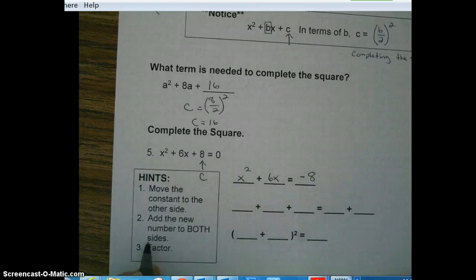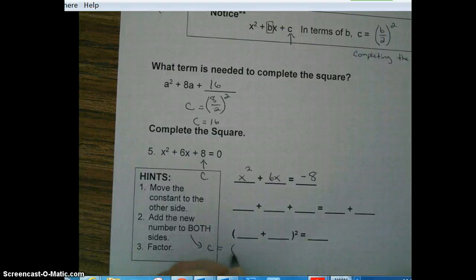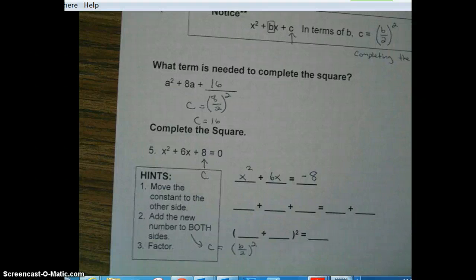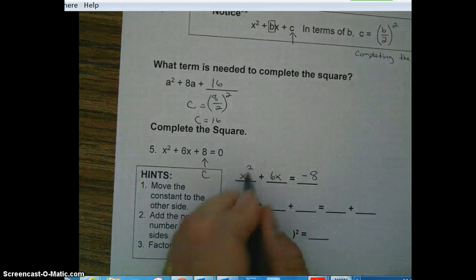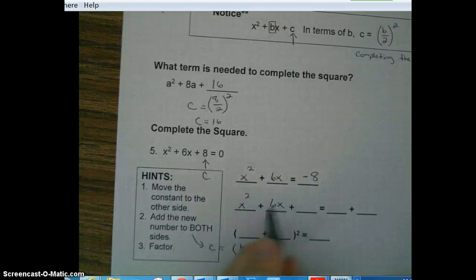Okay? Add the new number to both sides. When it's talking about the new number here, we're trying to find the new c value. We're going to use that little formula. So x squared, 6x. Take our b value, which is 6 over 2, and square it. That's 3. 3 squared is 9.